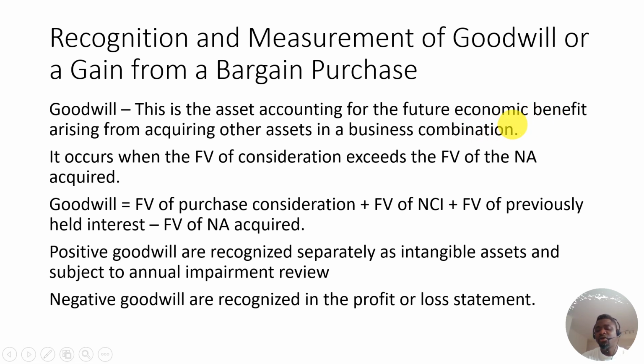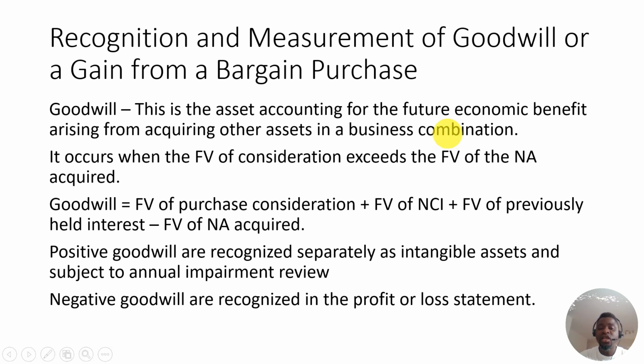There's a future economic benefit when you acquire an entity. It's like you are acquiring a property, plant, and equipment. It is expected that that property, plant, and equipment will bring future economic benefit to the organization. That's why you acquired it. By way of selling it, you can make economic benefit from it, or by way of using it for the production process.